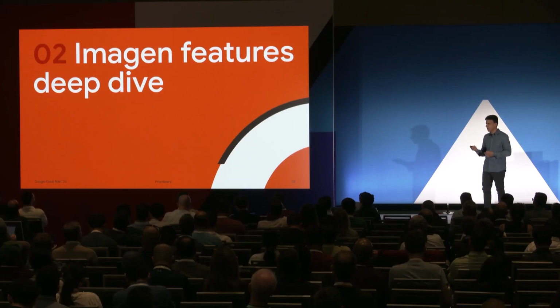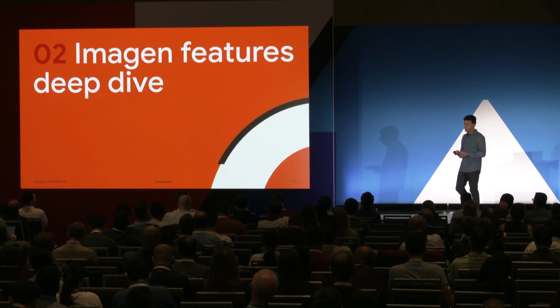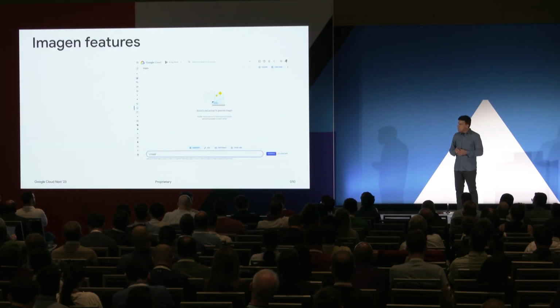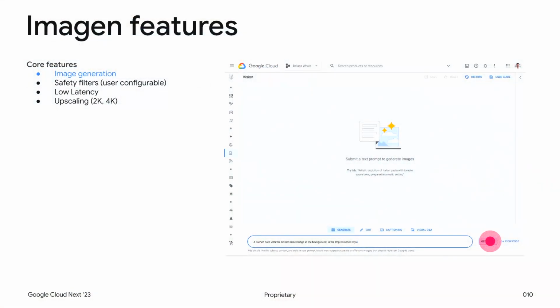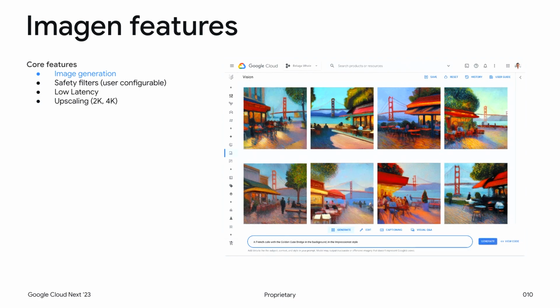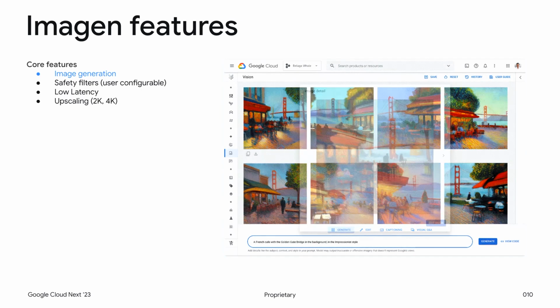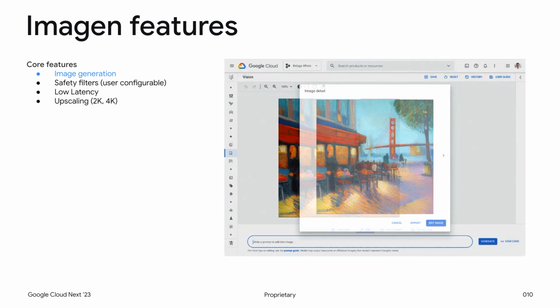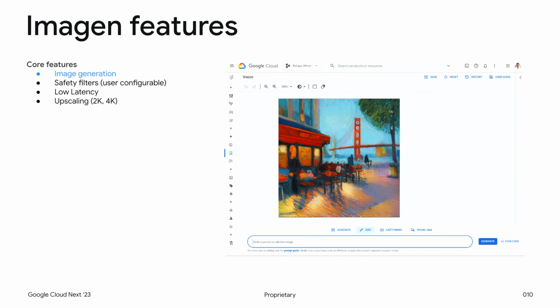So with that foundation, I'm going to now deep dive into some of the features of Imagen available today. First one is core features, right? In terms of core features, we have the key generation feature that's powered by a very high quality model, right, to generate images.